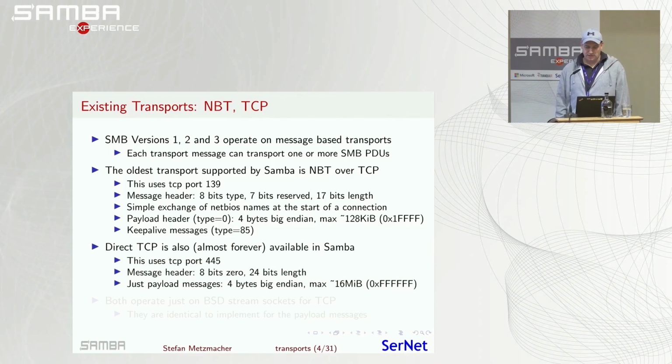Then we have direct TCP that's currently mostly used on port 445. It's 24 bits in length and increases the amount of data for a single SMB packet.